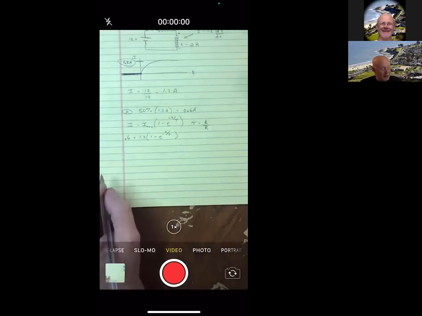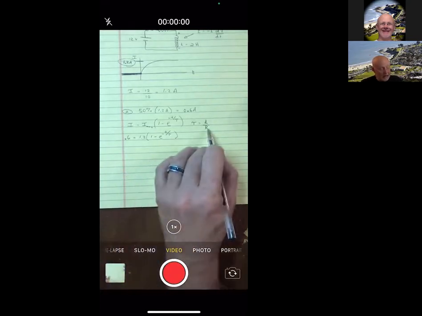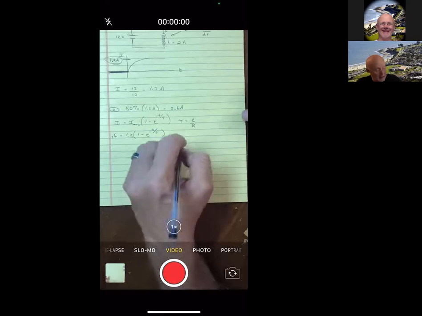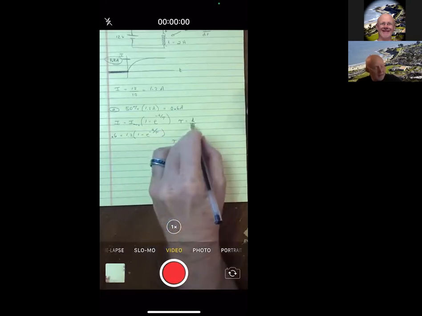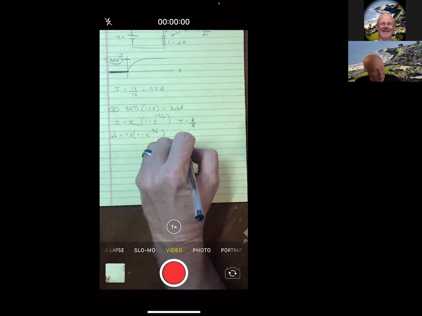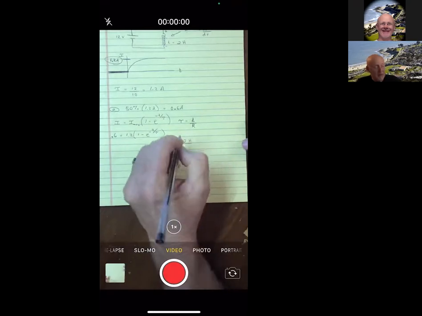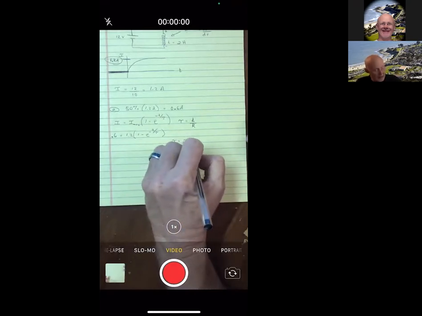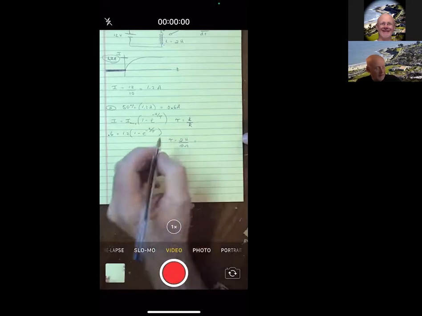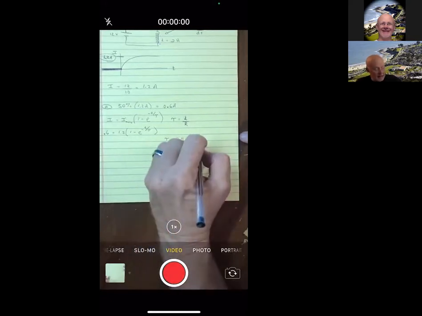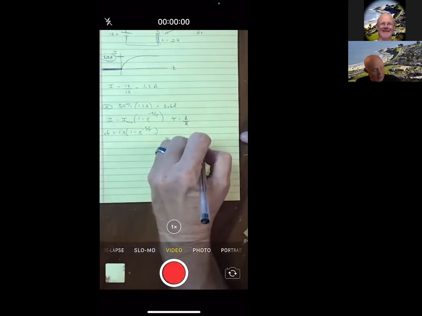Maybe I'll just do tau by itself off to the side. This would be the inductance, so coming back up to here, this is the 2 Henrys over the 10 ohms. 2 divided by 10 is 0.2.